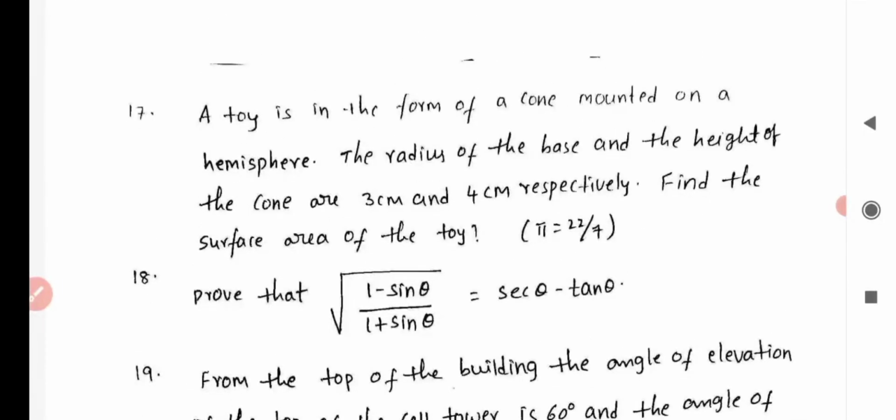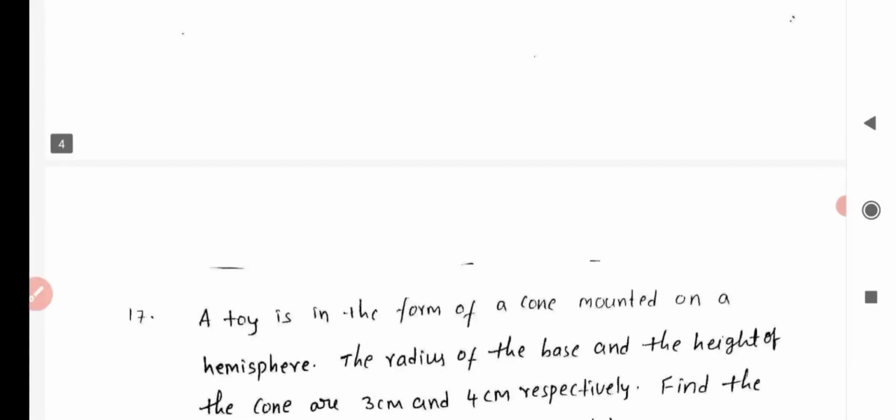A toy is in the form of a cone mounted on a hemisphere. The radius of the base and the height of the cone are 3 centimeters and 4 centimeters respectively. Find the surface area of the toy. So the toy is what? Mounted on a hemisphere. A cone mounted on a hemisphere.